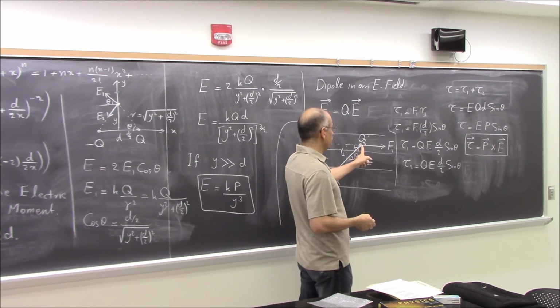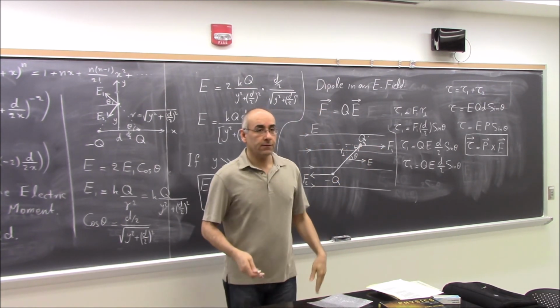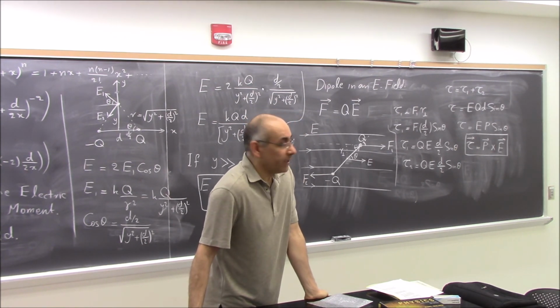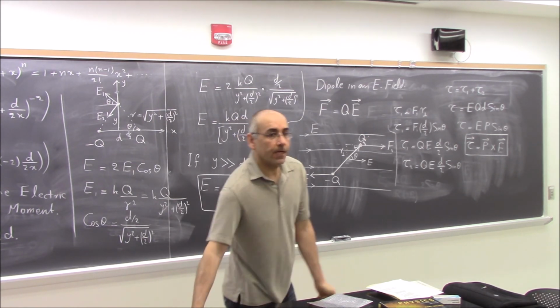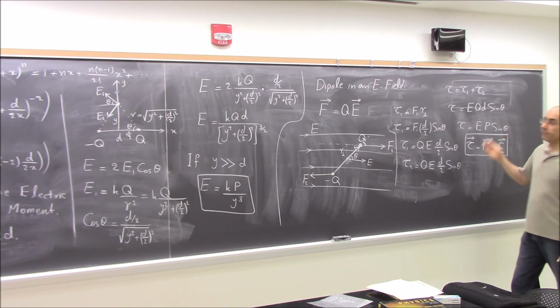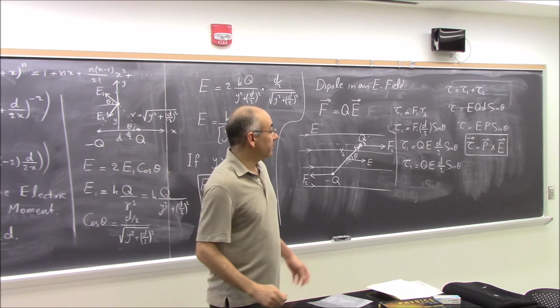This R cross F and this R cross F, if you add them, will be total R cross F, and then will be total P cross E. That's the main result here. So if you have a dipole in an electric field, it feels a torque.